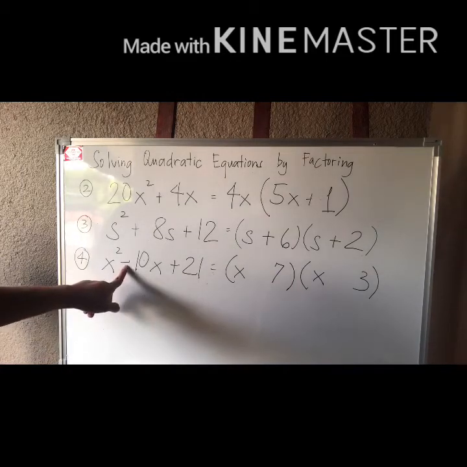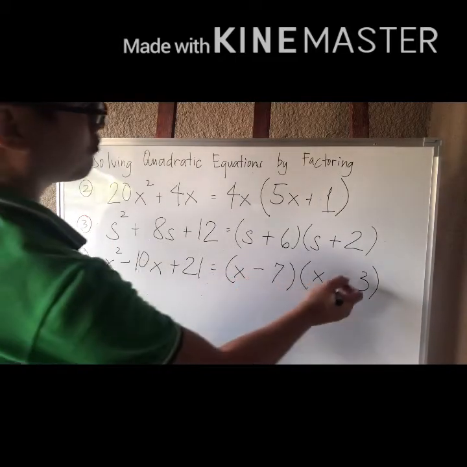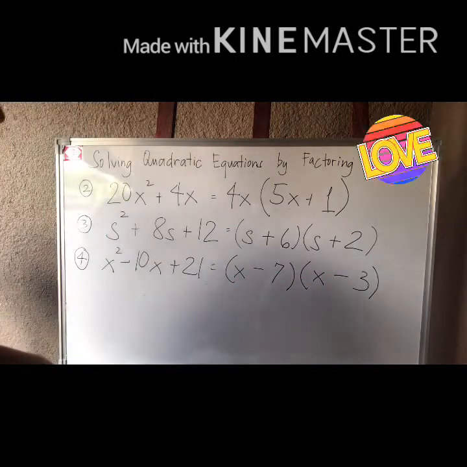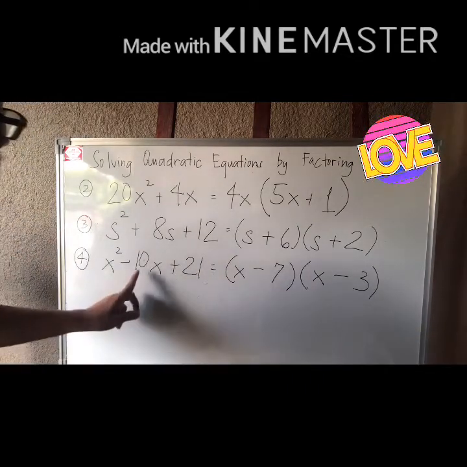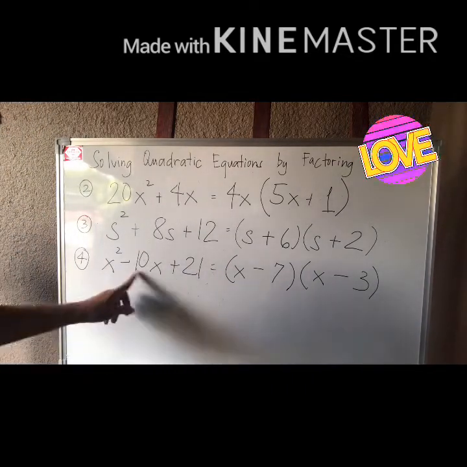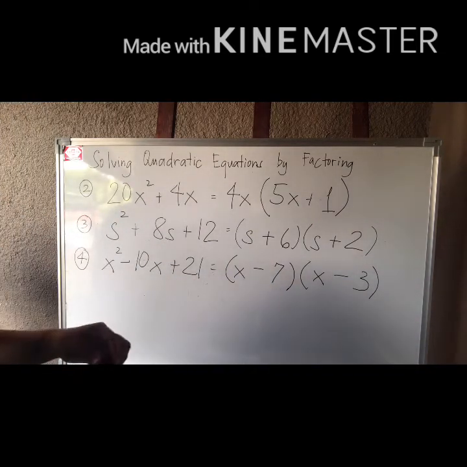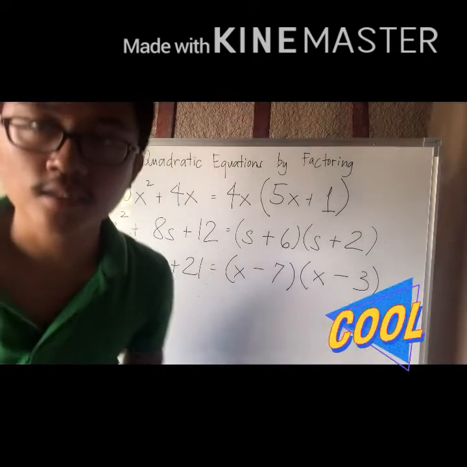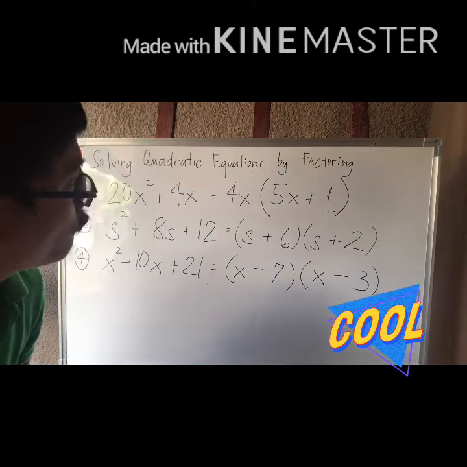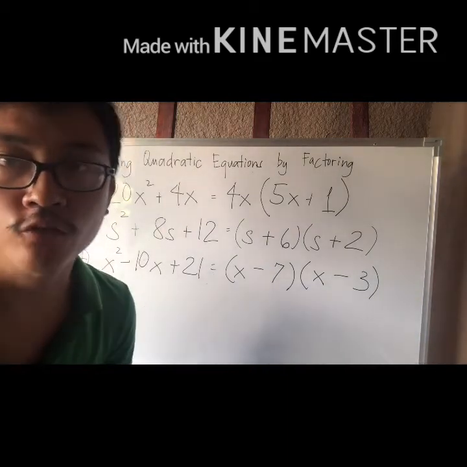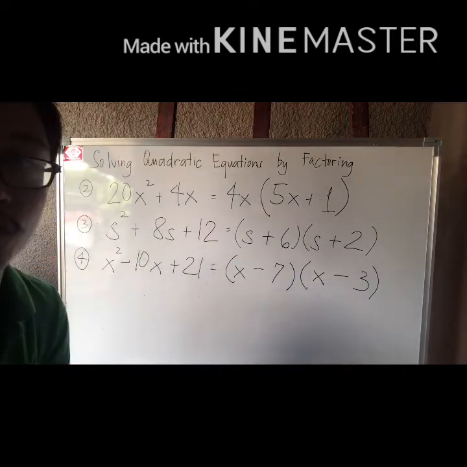But since the middle is negative, both are negative. So negative 7 plus negative 3 will give us negative 10. So that's negative 10x. So these are the factors that we are looking for. x minus 7 and x minus 3. So that is how we solve for the factors if we are given the expression.